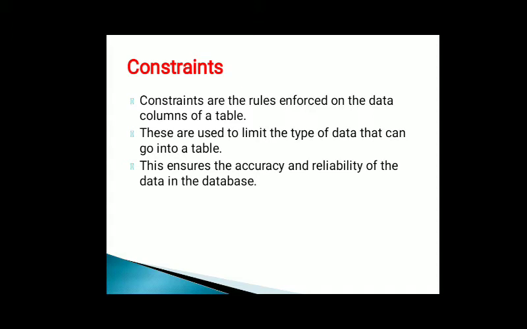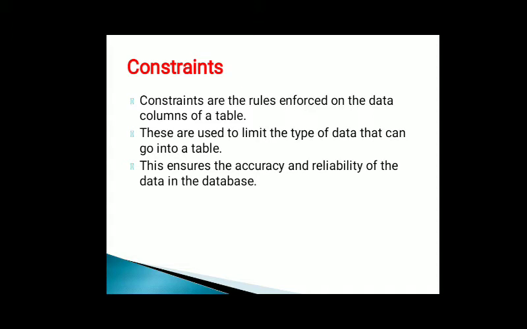This ensures the accuracy and reliability of the data in a database. Indirectly, constraints provide accuracy. Means name should be a character type, they should be alphabets, and roll number should be numbers. These types of accuracy and reliability will be provided by the constraints.